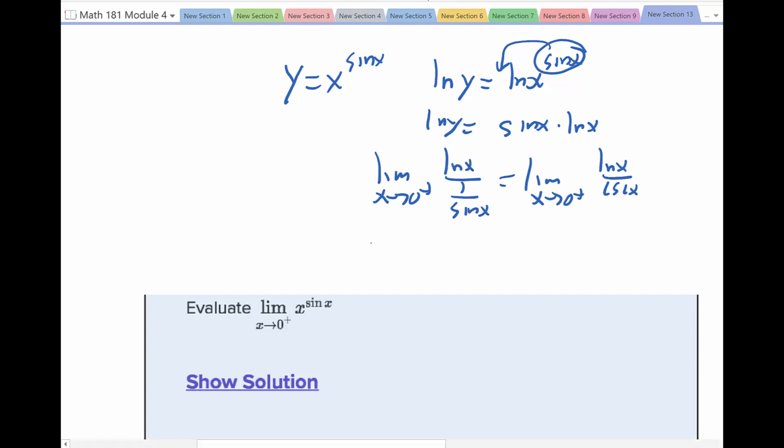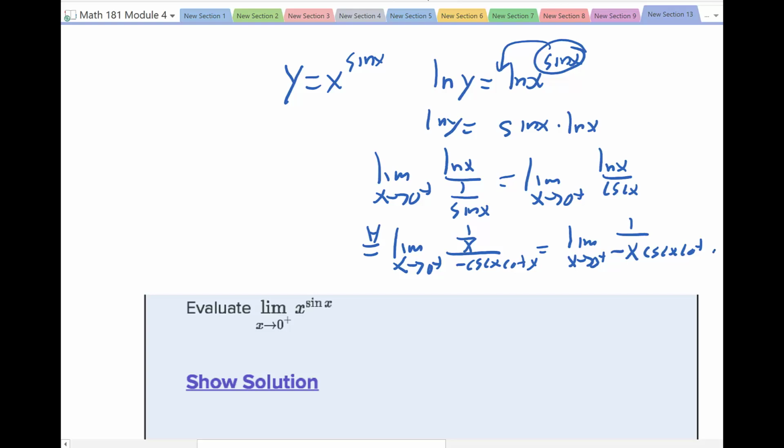Okay, so we're going to use L'Hopital's rule, and we have the limit as x goes to 0 from the right side of 1 over x over the derivative of cosecant x, which is negative cosecant x cotangent x. So we end up with the limit as x goes to 0 from the right side of 1 over x, and I got the negative out front, negative x cosecant x cotangent x.